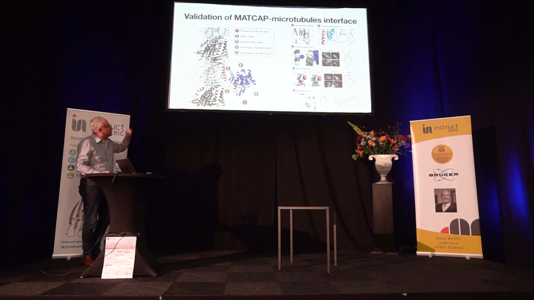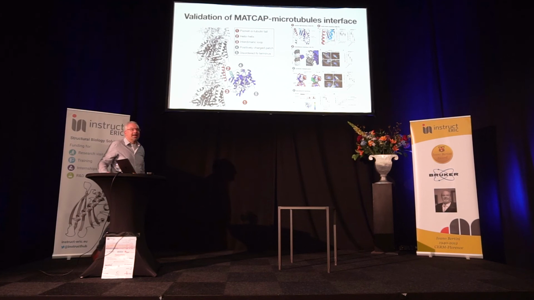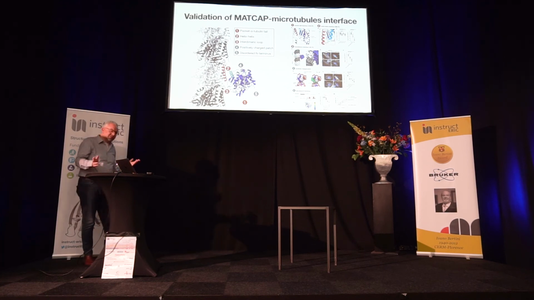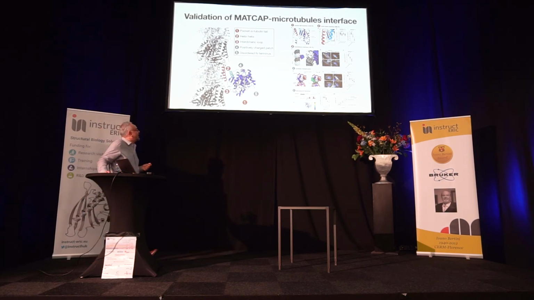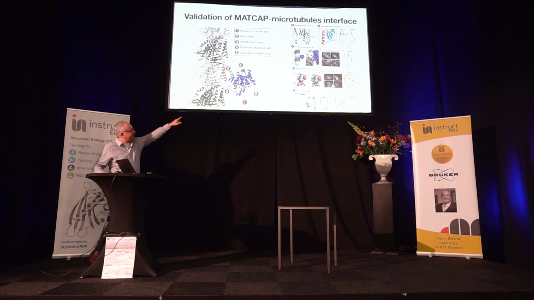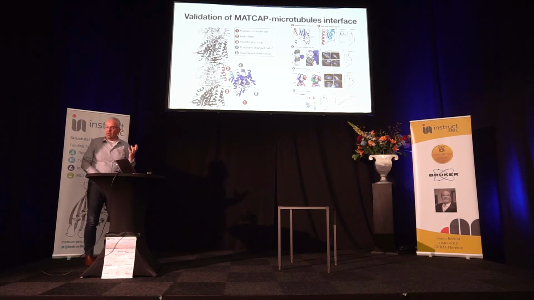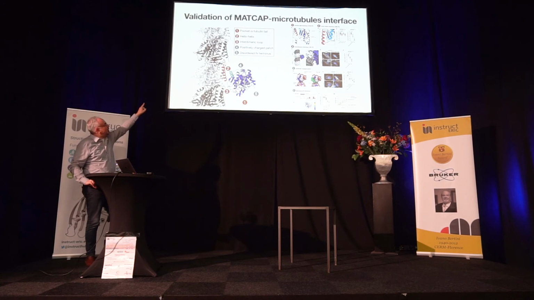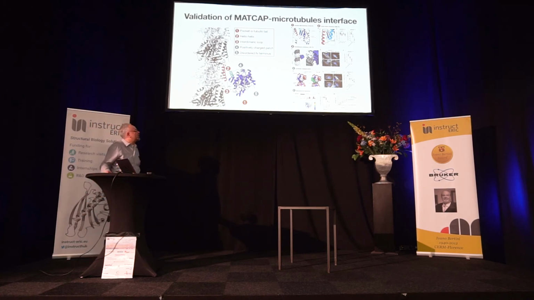And indeed, if we mutate this interaction, again, we get a phenotype in cells, so this looks to be correct. There are also positively charged patches where you see the 4 in the back of the protein, that you also see under 4 in the other figure. We see some density there on the maps, so we think the C-terminus of the beta-tubulin might also be binding there, contributing to the recognition.